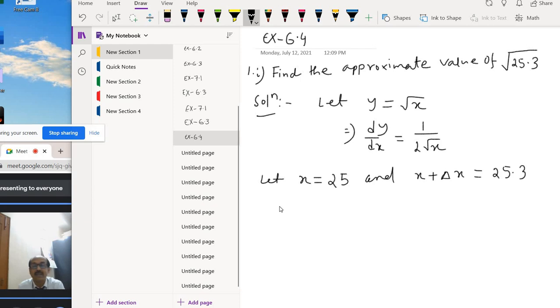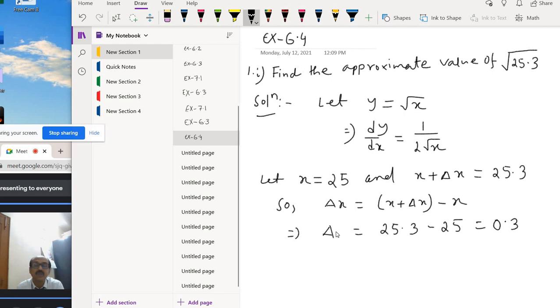So delta x equal to x plus delta x minus x, that is 25.3 minus 25, so equal to 0.3. This is delta x.